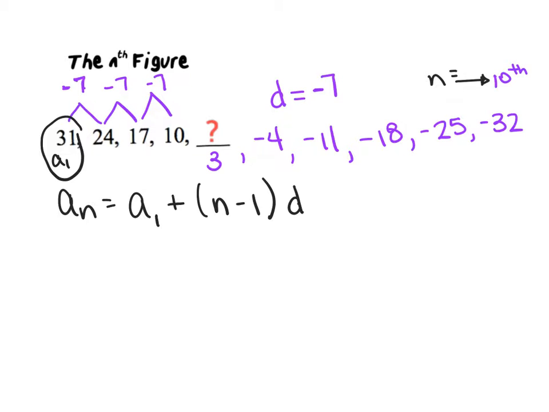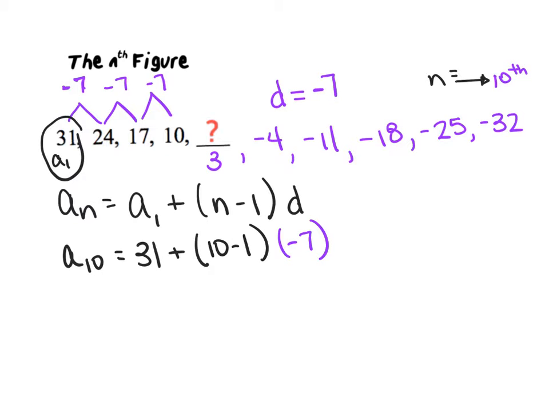So if I plug those values in here, here's what I get. I want to know what is an. Well, an is a 10 for me because I want to find the 10th term. That's equal to the start, which is 31, plus n, which we said is 10, minus 1, times that d, or that common difference, which is negative 7.